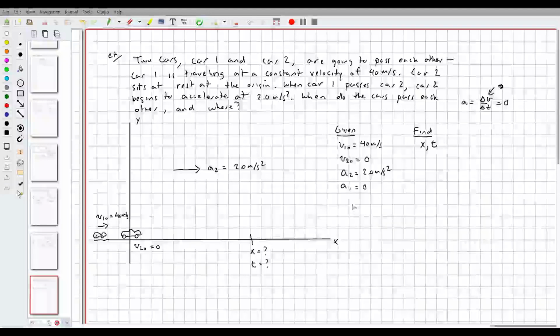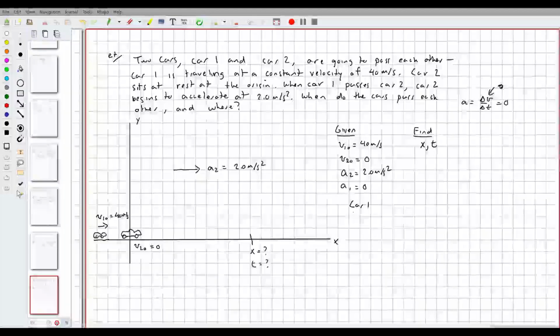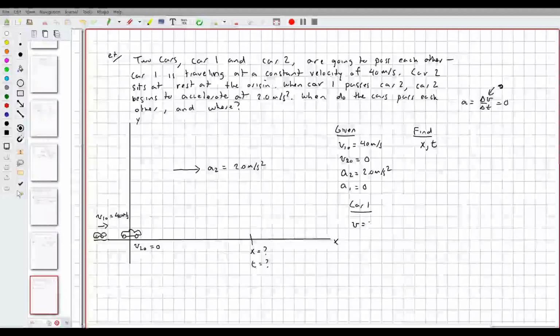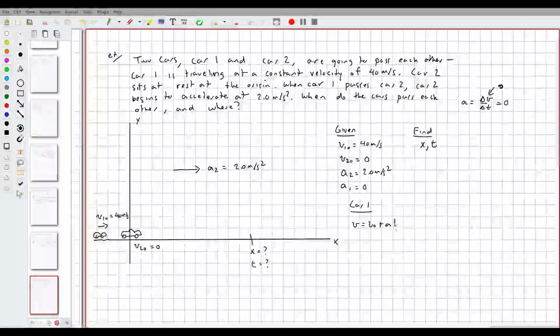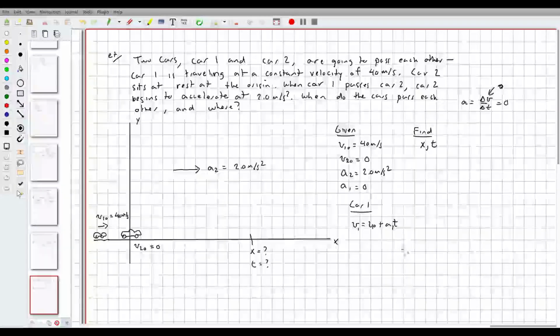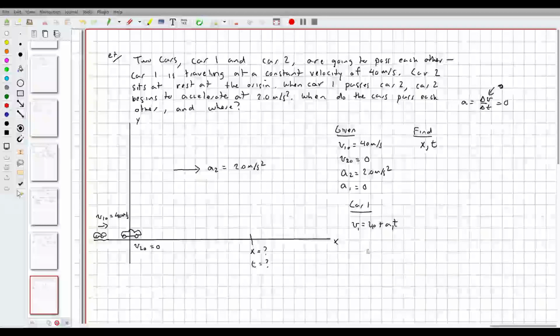So for car 1, we have v is equal to v naught plus at, but we're going to put 1s there to show that that belongs to car 1.